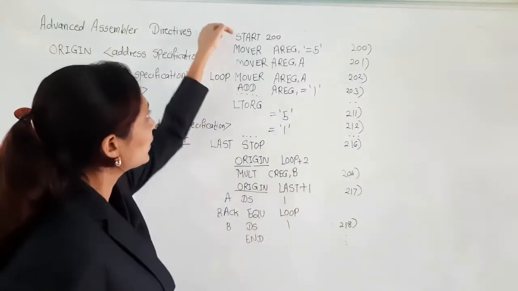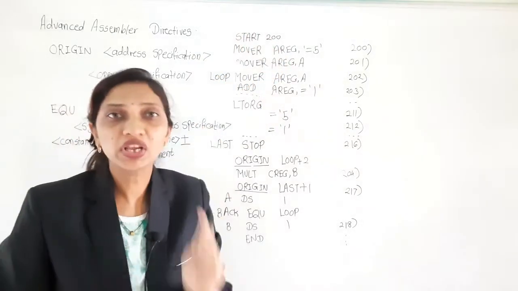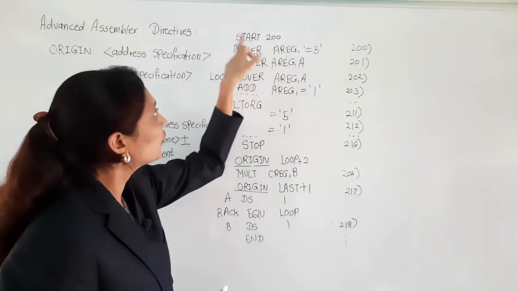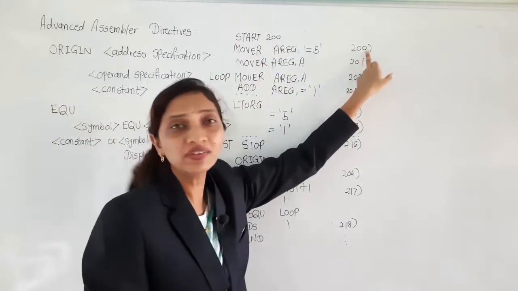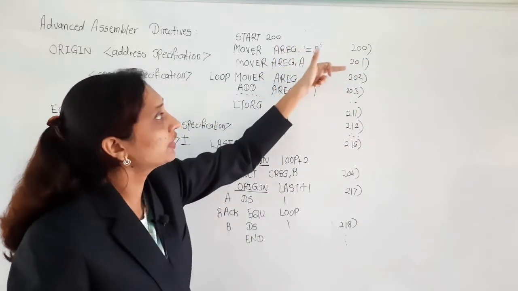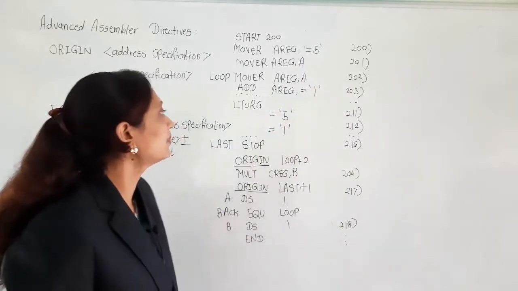See, first start from the beginning. Here START 200 means the location counter is initialized by the address 200. So the first instruction is associated with the address 200, and then in this way each next instruction is associated with some address.